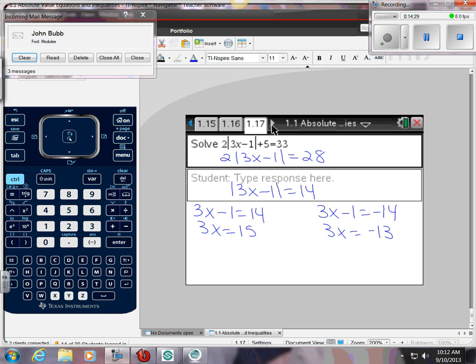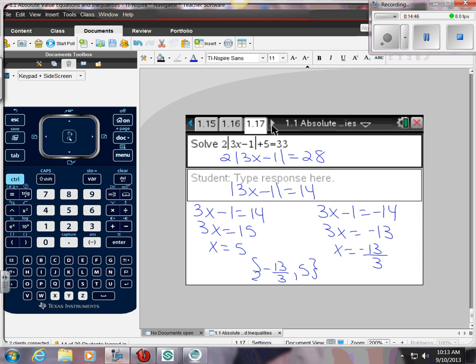Divide both sides by 3. Good, you get x equals 5 and x equals negative 13 thirds. Did they both check? Okay, so my solution set is negative 13 thirds and 5. No, technically it doesn't matter. Usually, common practice is to put the smaller number first.